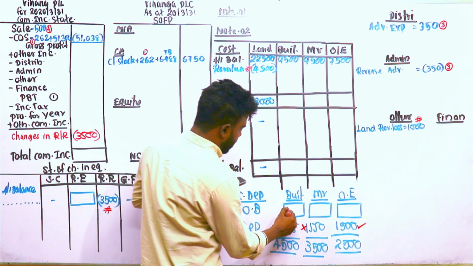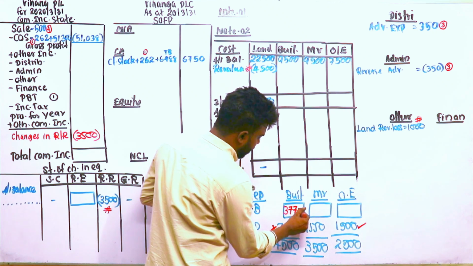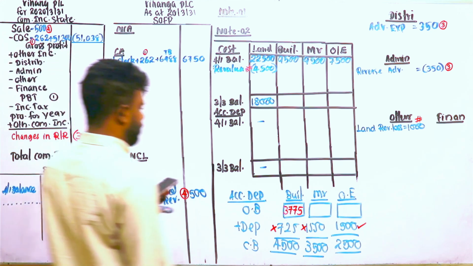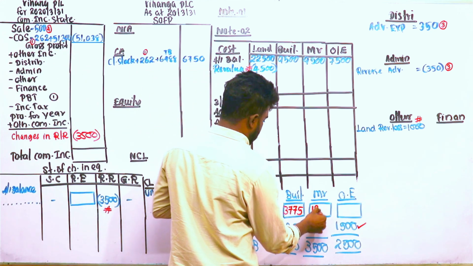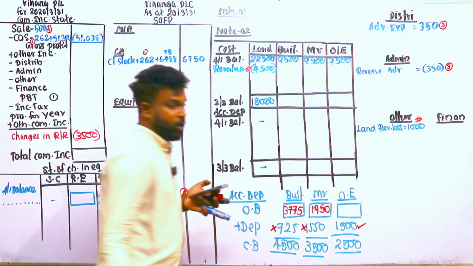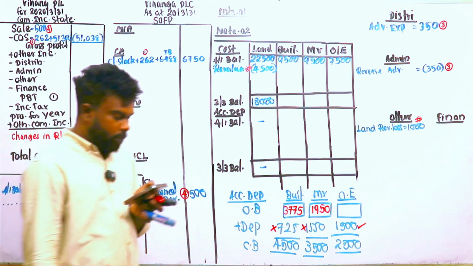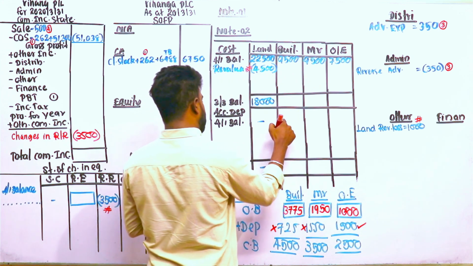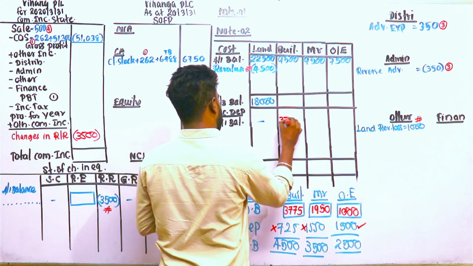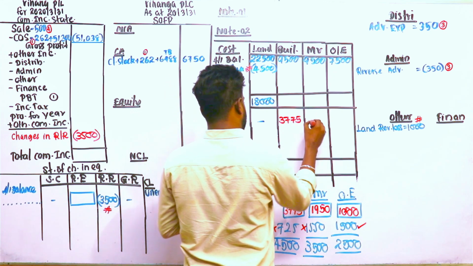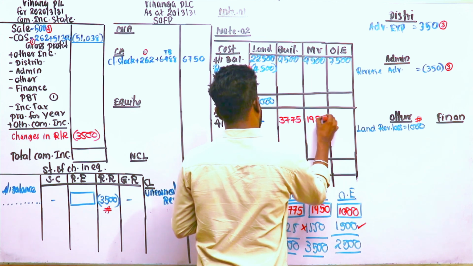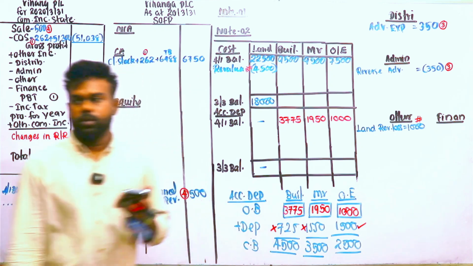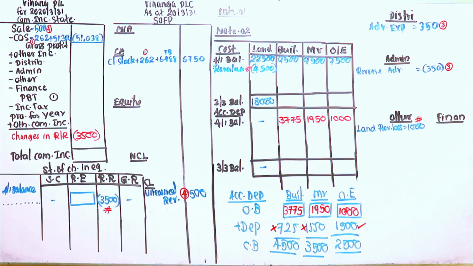How much? 3,775 opening balance, 9,950 motor vehicle, office equipment 1,000. These are the opening balances, so you have to disclose them here.